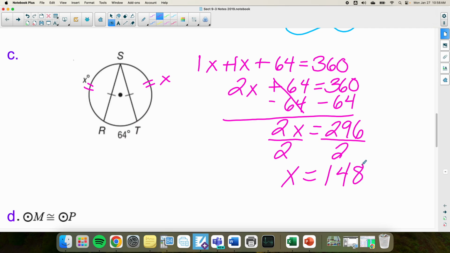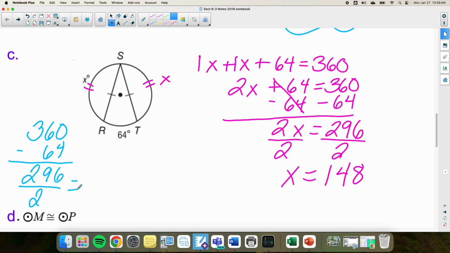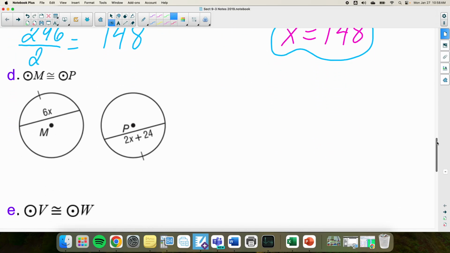What Devin said, which is absolutely accurate, is you could have taken 360 and subtracted 64, which would be 296, and then you could have divided this by 2 because the rest of this would be 296, and you have 2 pieces that are equal to that, so if you divide it by 2, you'd get 148, and that would work too. So whichever one makes more sense to you, use that.